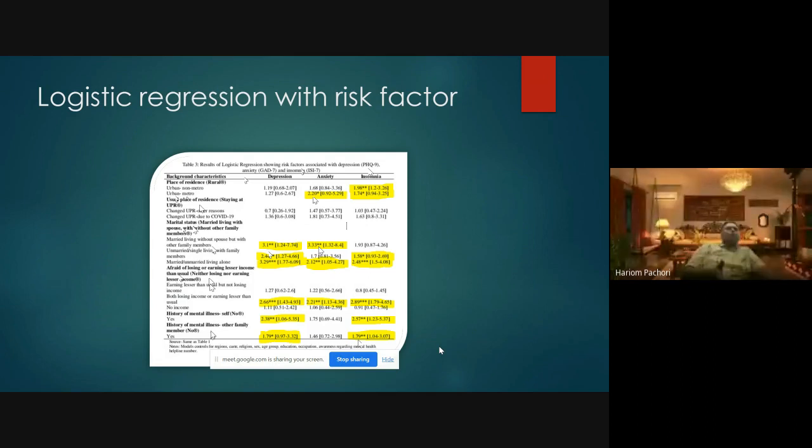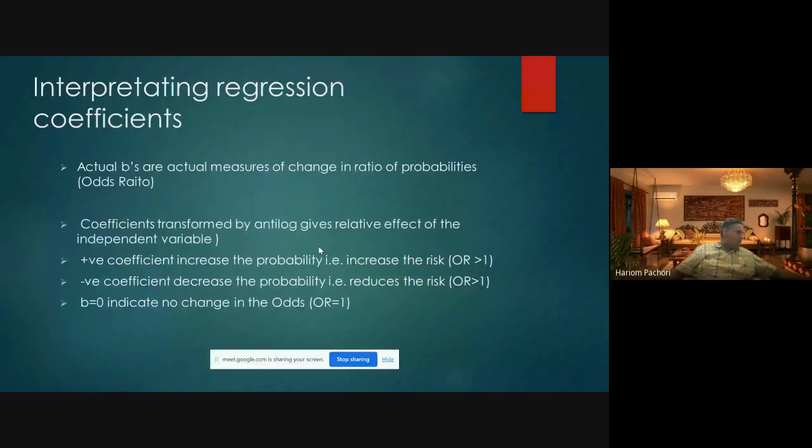If you have got your output, how do you interpret the regression coefficient? These are actual measures of change in the odds ratio. The coefficient transformed by anti-log gives the relative effect of the independent variable.